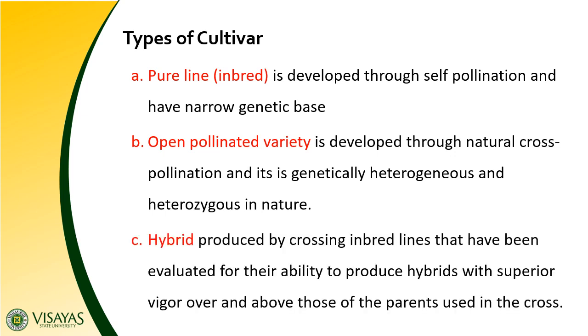Then letter C, you have hybrid. These are produced by crossing inbred lines that have been evaluated for their ability to produce hybrids with superior vigor over those parents used in the cross.